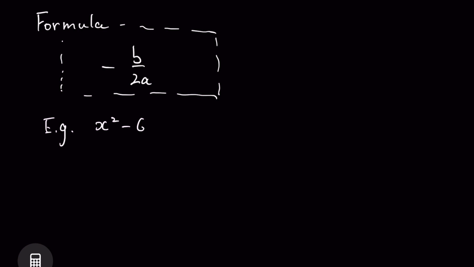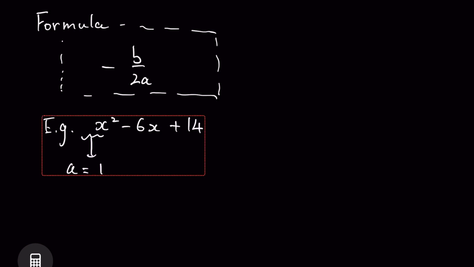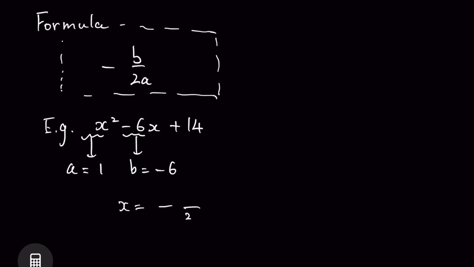For example, there's the equation x squared minus 6x plus 14, and a is 1 and b is minus 6. So we just substitute in the equation, which we will get 3. So the turning point of this curve is at x equals 3.